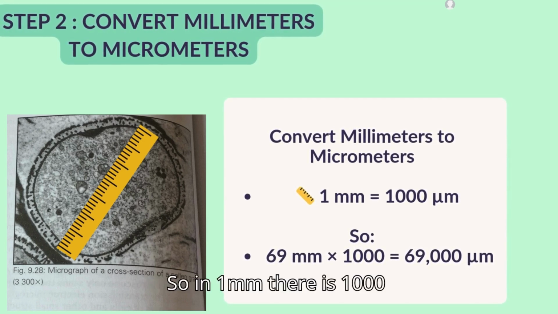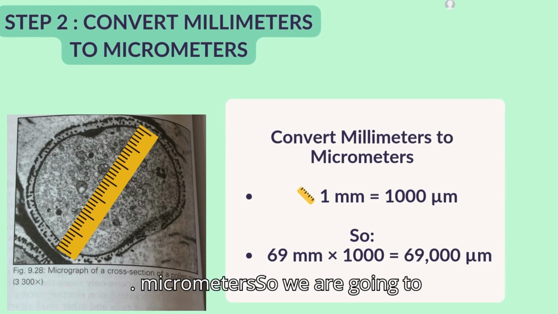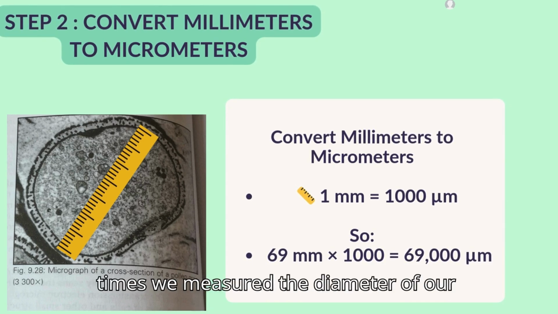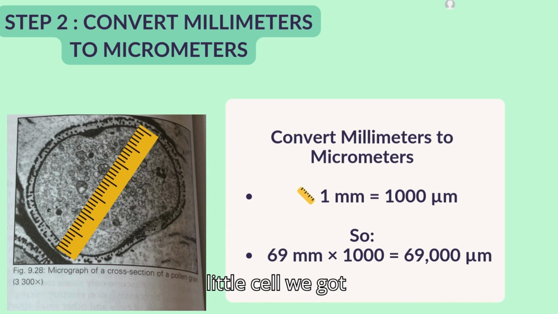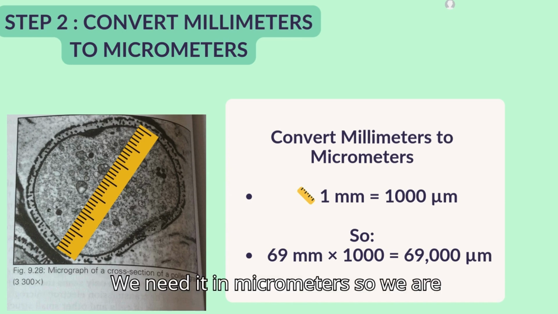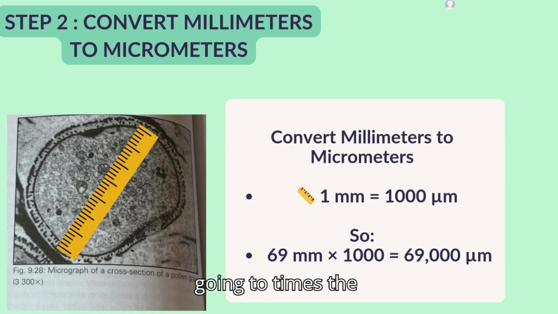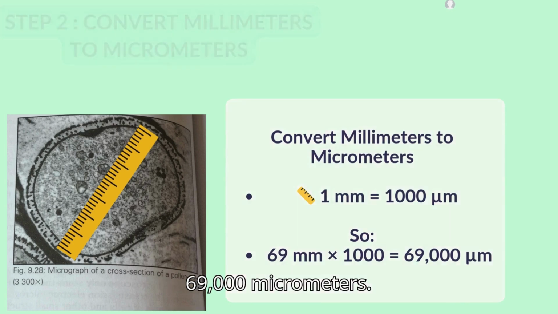In 1 millimeter there are 1,000 micrometers, so we multiply the 69 millimeters by 1,000, and then we get 69,000 micrometers.